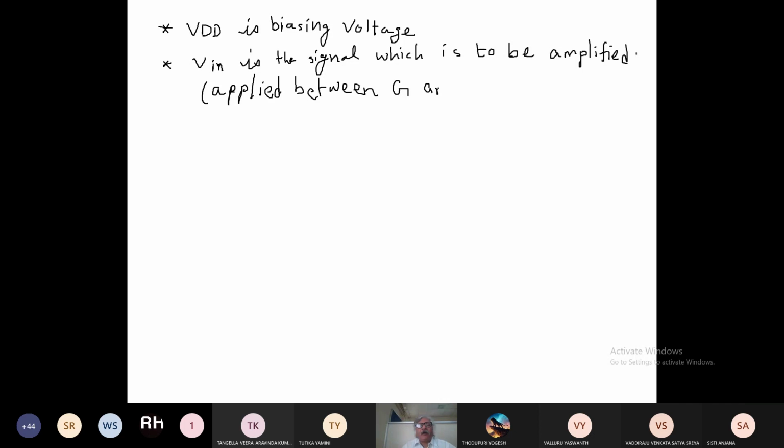And the amplified output is taken across drain and source, right?